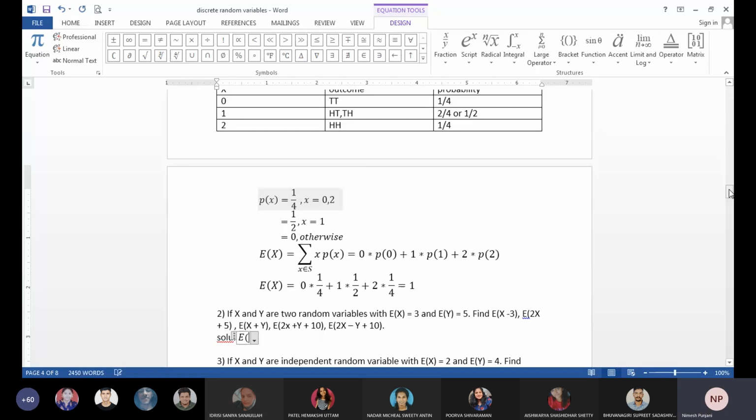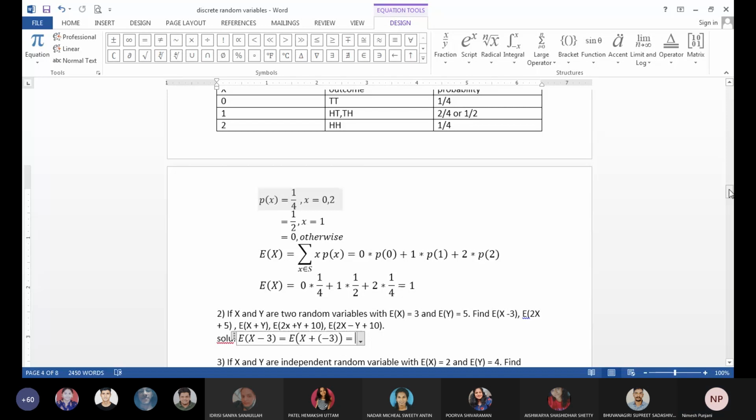What is expected value of x plus b? It is expected value of x plus b. But here there is a minus, right? So how do we tackle the minus? You can write it like this, no? Plus minus. So expected value of x minus 3 is the same as expected value of x plus, in brackets, minus 3.